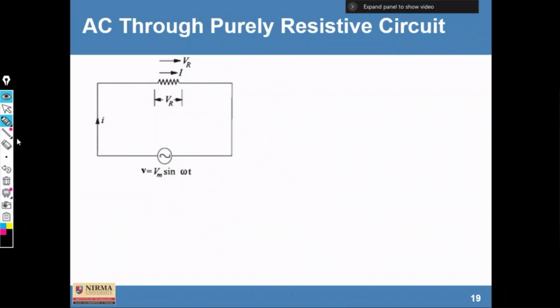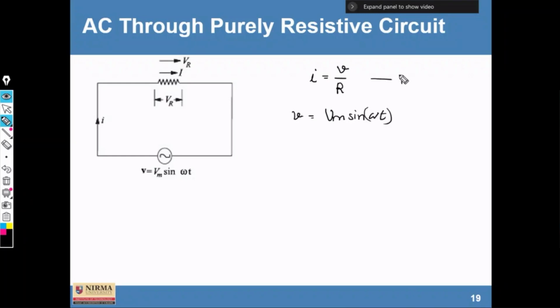Okay. So let us first of all consider AC through purely resistive circuit. So here there is only a resistive circuit, nothing else. We can write according to the equation I is equal to V by R, and we know that the equation of V is equal to Vm sin omega t.